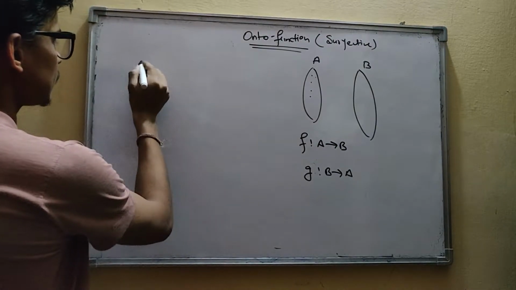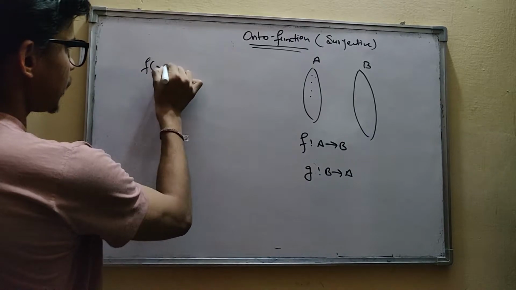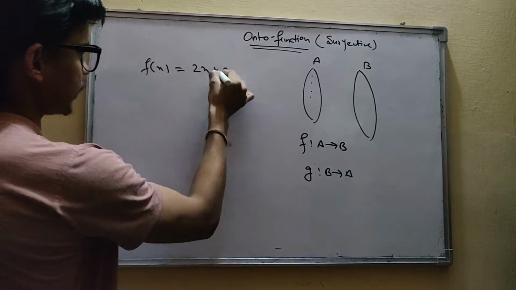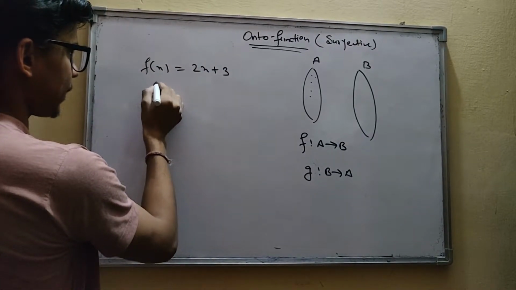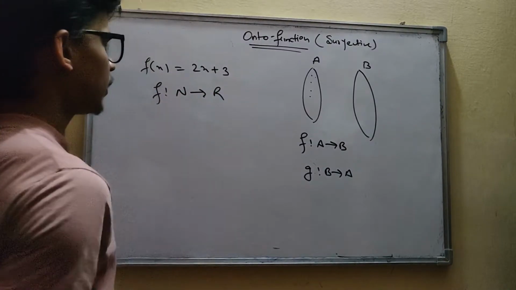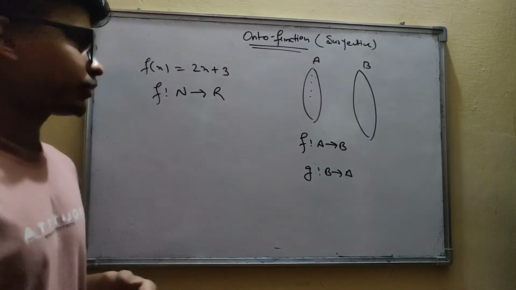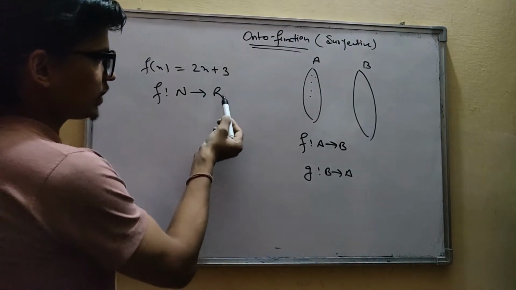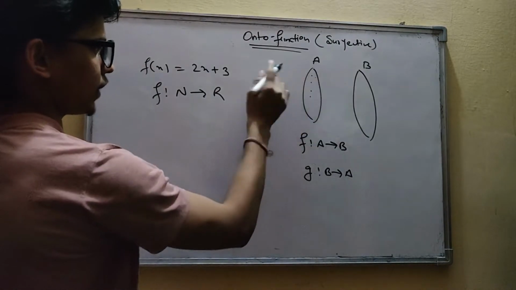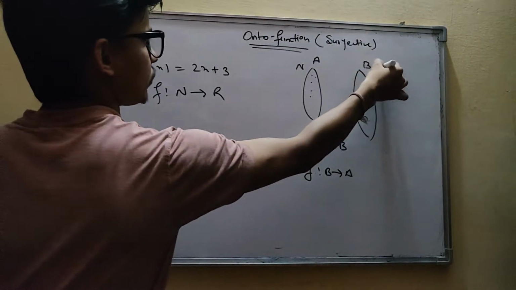So let's say there is a function f(x) equals 2x plus 3, and for this function N to R, right? If you are inserting natural numbers, then you are going to get range as R, right? So here, if I compare this, this one is the natural number and this is going to be range, right?